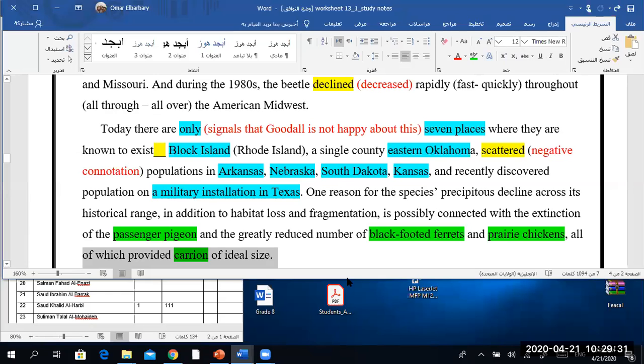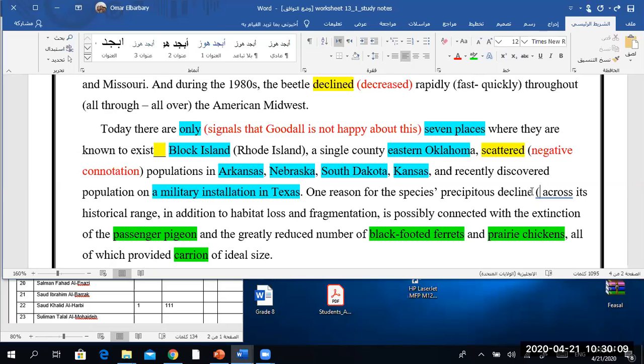Yes, Mazen. What do you want to say? I have a question. What does the word precipitous mean? Can you get the meaning here based on the information we are talking about? The decreasing number of these, and we talked about the fact that the beetles are starting to disappear in some areas, and the number is decreasing greatly in other areas. I'd like to pick your brains about the word decline, Mazen.